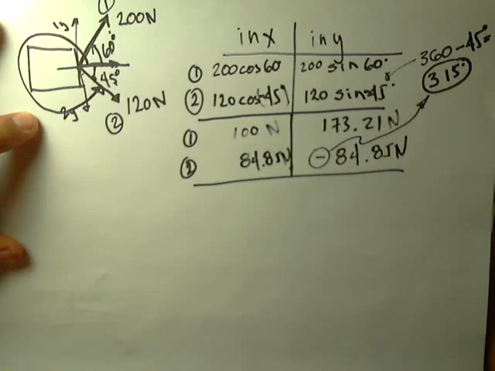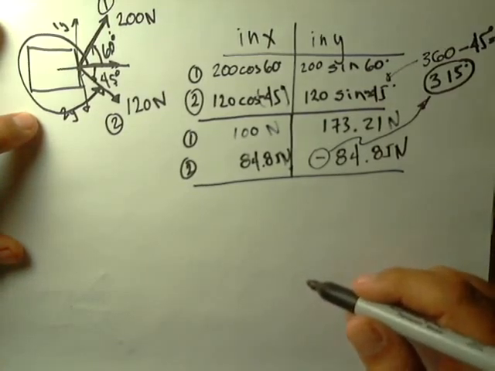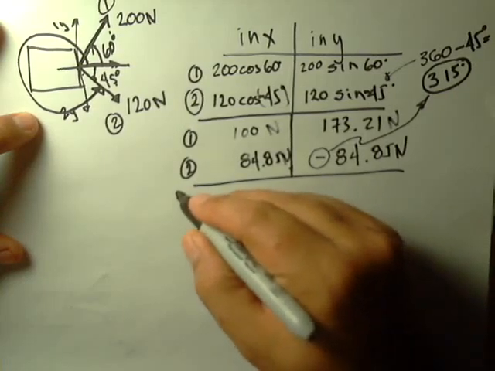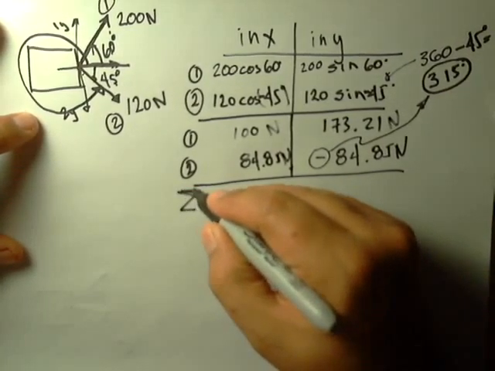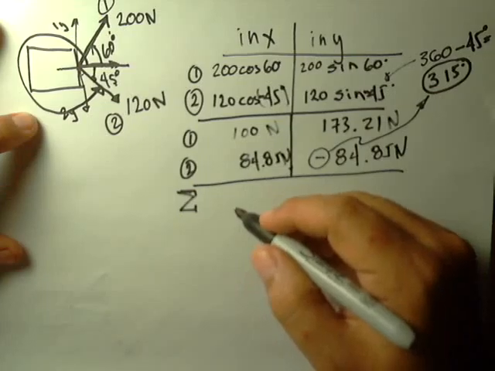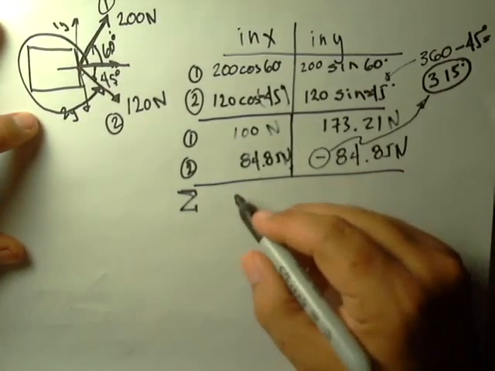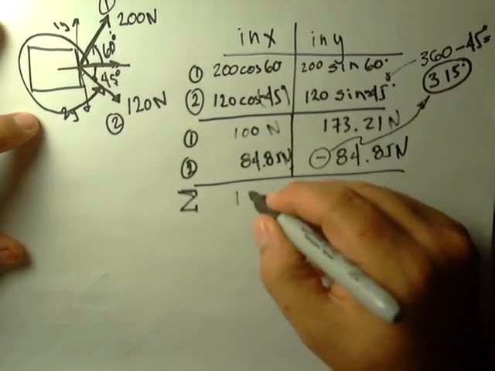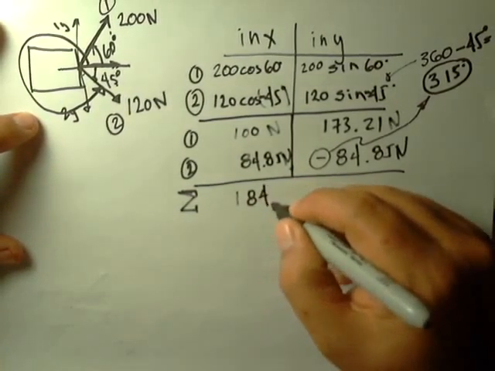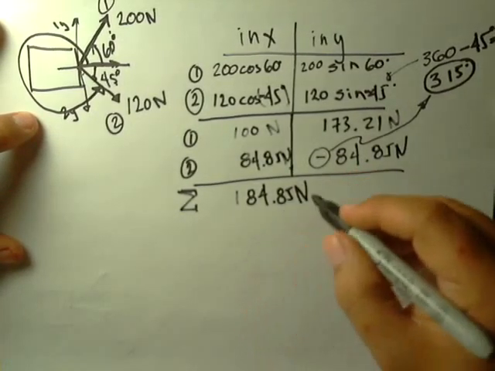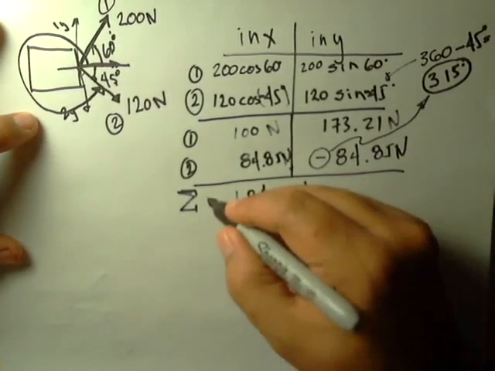So what we do next is we add these two. We will have the sum. That sign is sigma, capital sigma in the Greek alphabet, and we will have 184.85 newtons in x, right?